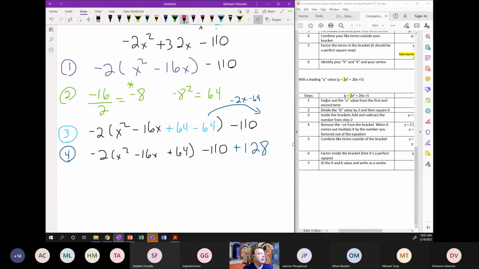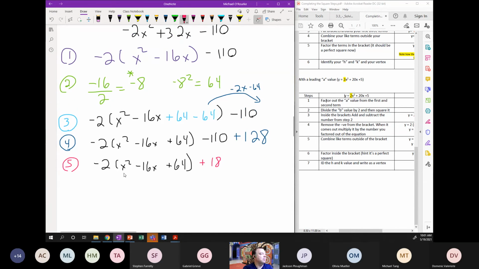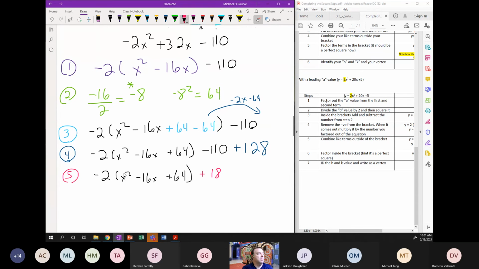Then step 5, combine your terms outside the bracket. 18.